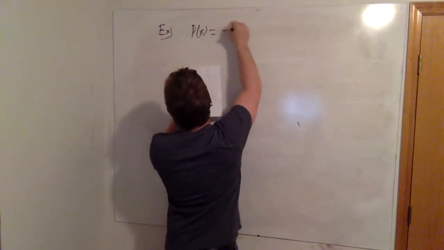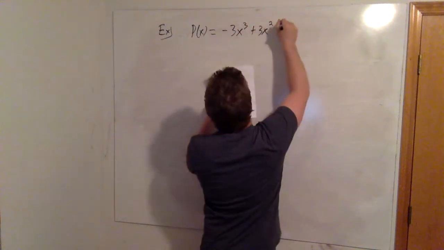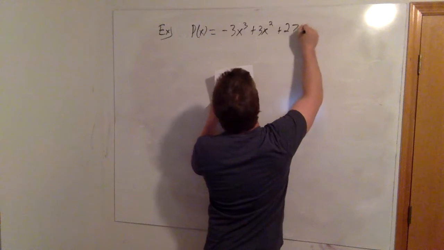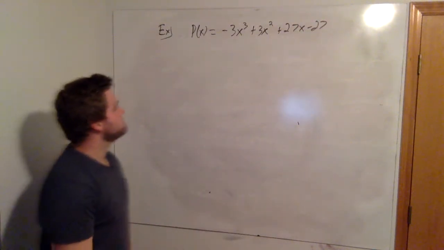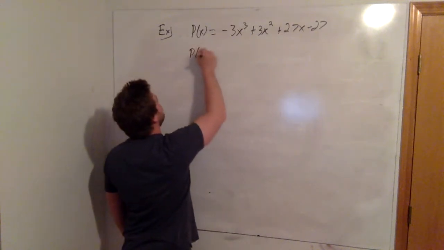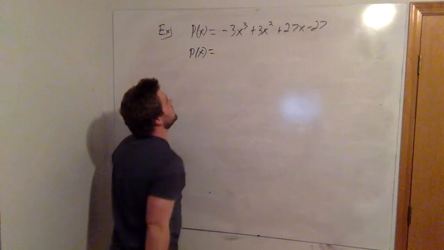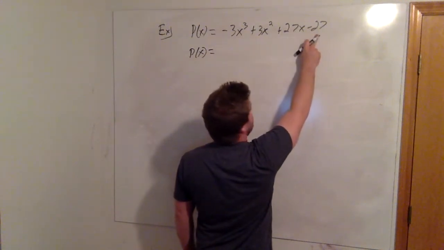As another example, let's say I have a polynomial p of x, say negative 3x cubed plus 3x squared plus 27x minus 27. So I have a 3rd degree polynomial. I'm hoping to expect 3 roots. What can I do here? I'm first going to notice that I can factor a 3 out of all of these.